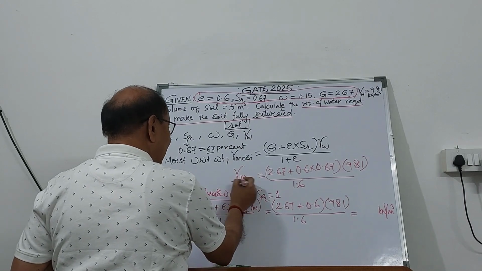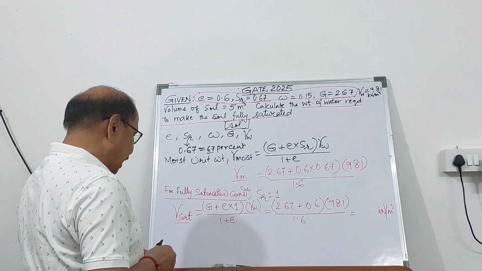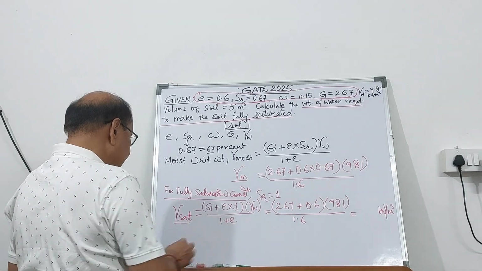So you get gamma moist, you get gamma saturated. Let us take our calculator and calculate it.